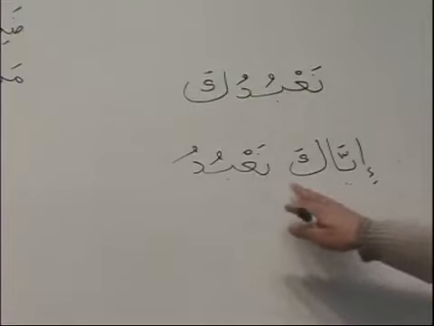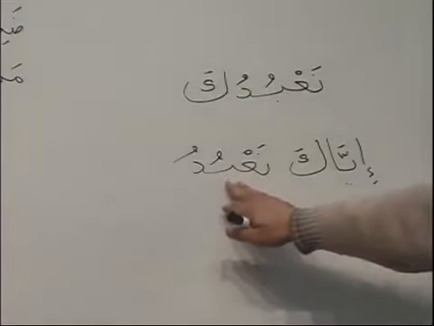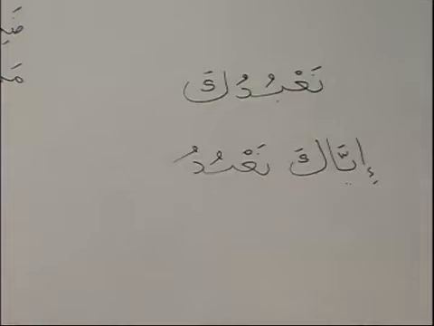It is maf'ulun bihi for this, but it came first. And it will come in the Quran like that. So I want you to keep it in mind right now. The rules and regulations for using damirun munfasilun will come later on in the lesson, inshallah. And they are very interesting rules, brothers and sisters.